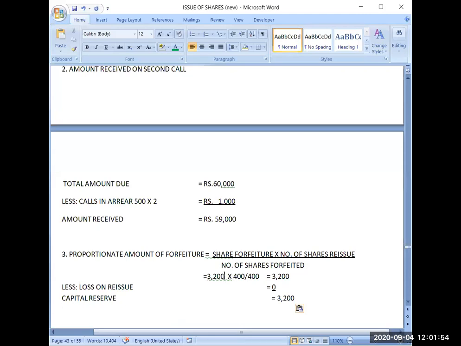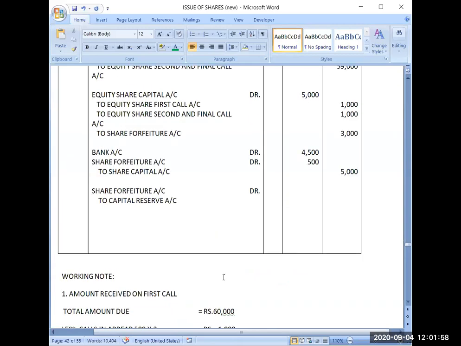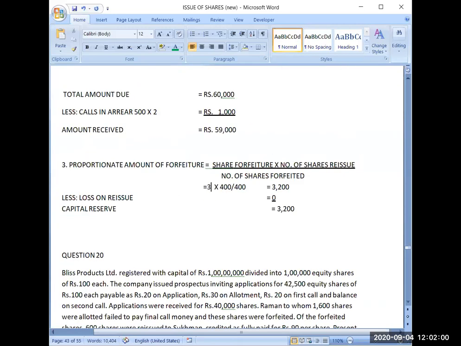So now my forfeiture was 3,000. Number of shares issued 500, number of shares forfeited also 500.